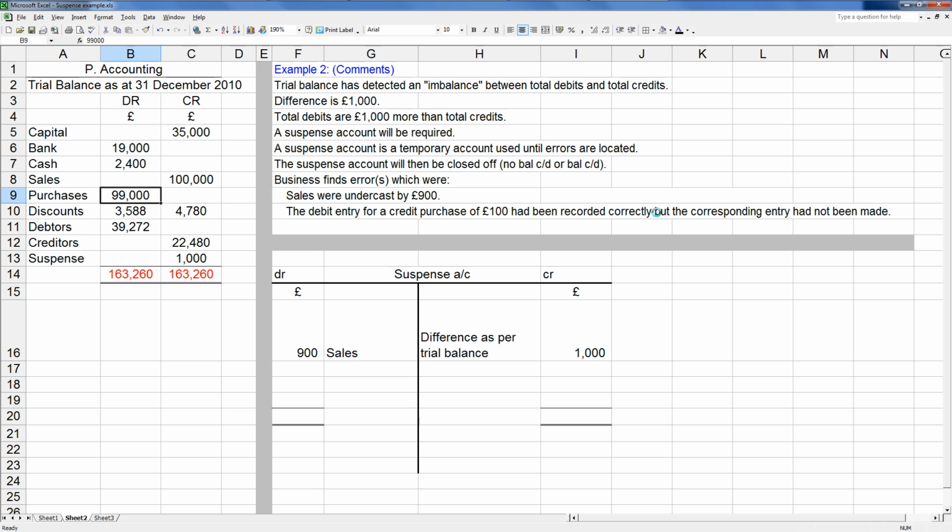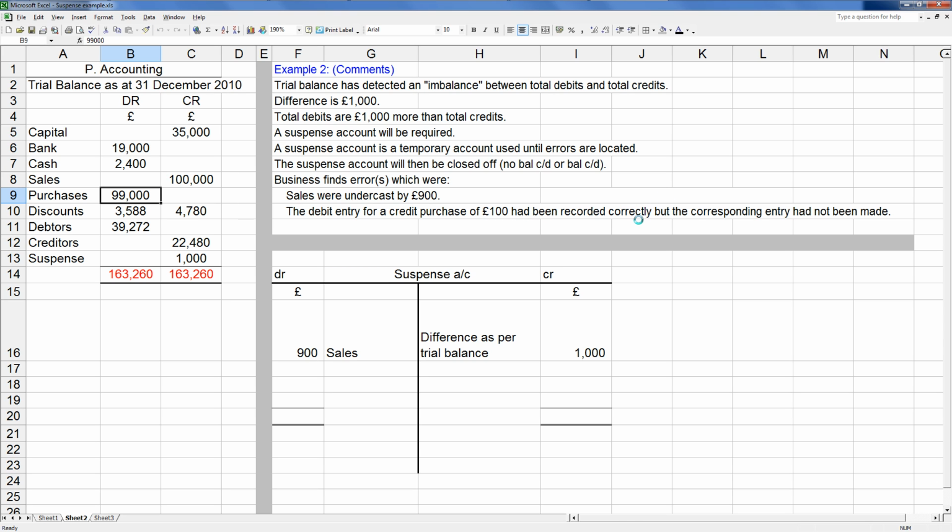So we need £100 to be added to creditors. Well, we can't just go to creditors and increase the 22,480 by £100, because that would cause the trial balance to imbalance again, because we've got the suspense of £1,000 there. So we have to put the solution in the suspense account.